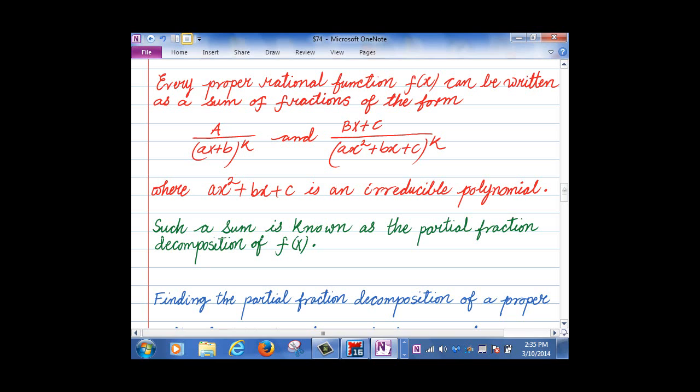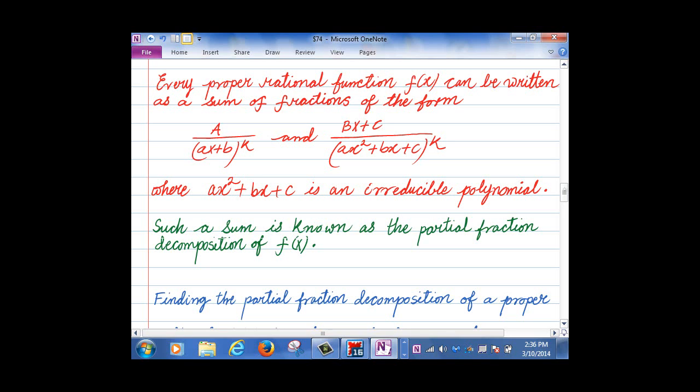What it says is that if I have a proper rational function, I can express that proper rational function as a sum of fractions.